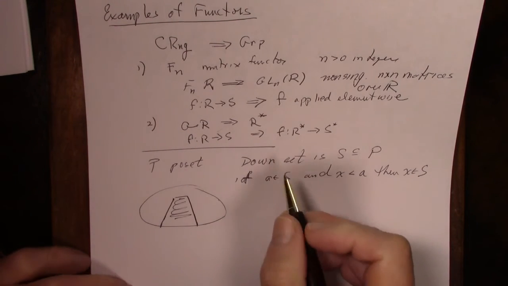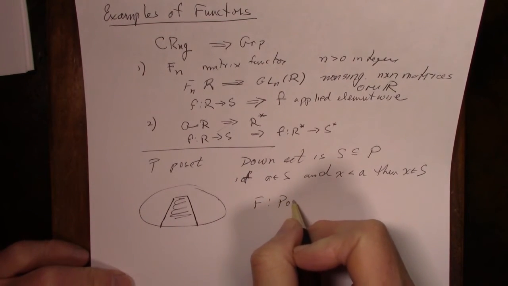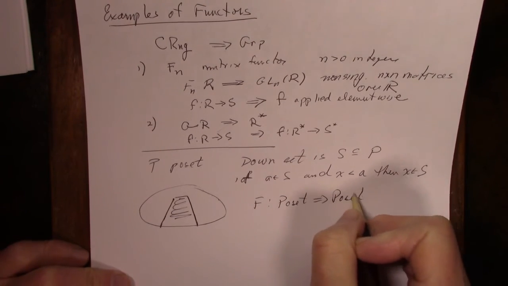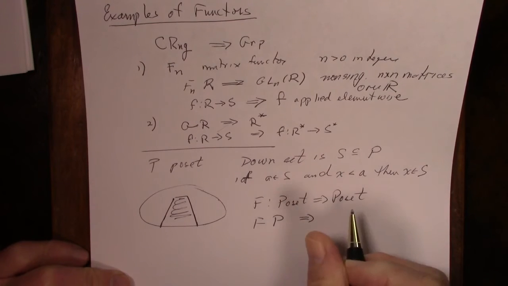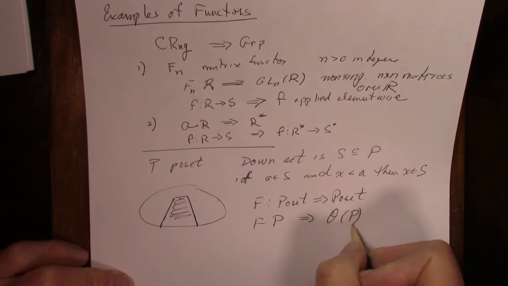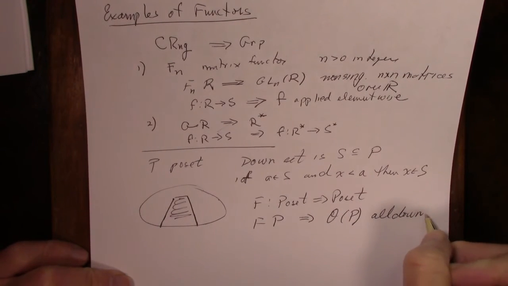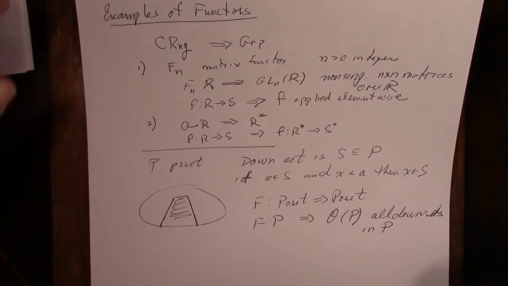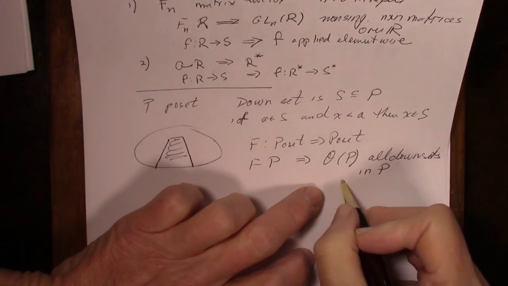So we can define a down set functor from poset to poset. F sends a poset P to the family of all down sets in P, O of P, and that's ordered by set inclusion.